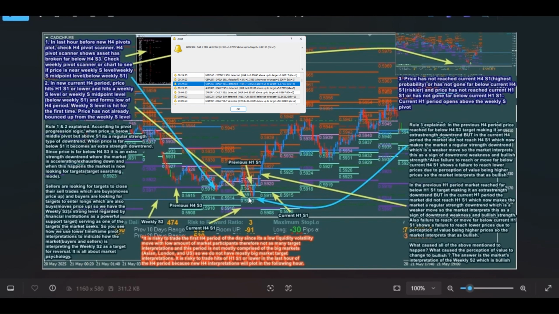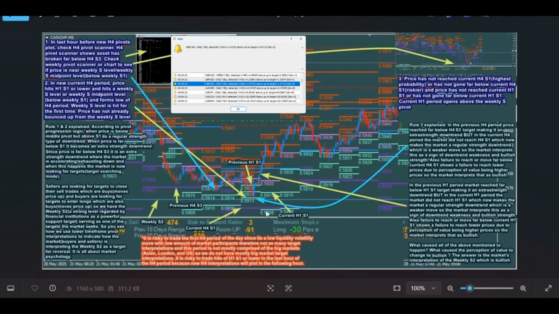In this case, it hit a lower level and hit the H1 S3, okay? And you see price also hits the weekly S2, okay? And it forms the low, meaning the lowest price point of the current H4 period, okay?